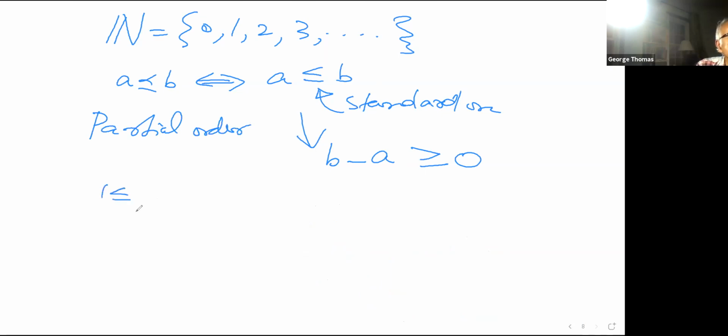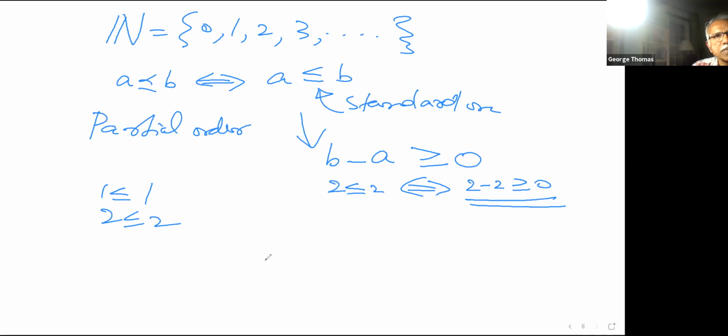Is 1 less than or equal to 1, 2 less than or equal to 2? Yes. Because 2 minus 2 is bigger than or equal to 0. Is that true? Yes. That is why it is reflexive.